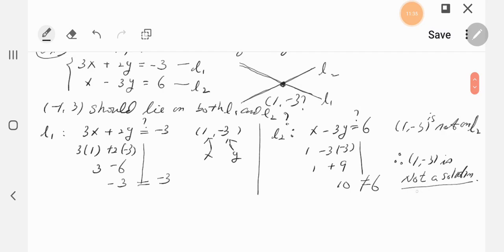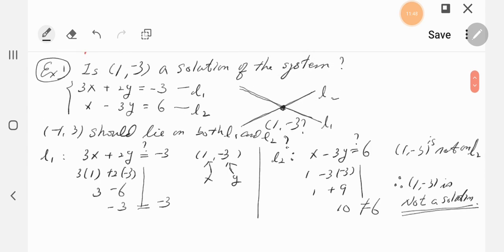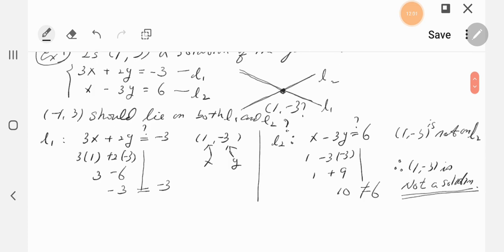Okay, can you see it? Just plug in the point, and if that point satisfies both equations, then that's the intersection, the solution of the system of equations. But if any one of these equations is false when you substitute the point, then this is not a solution.